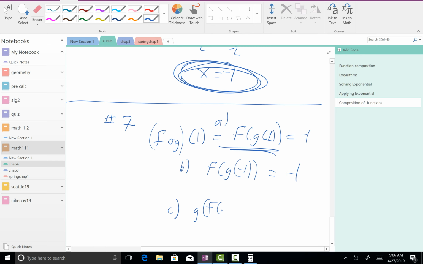We start with f first, right? So we go to -1 on the x thing. There it is. This time I'm going to go down to f. What is f equal to at -1?